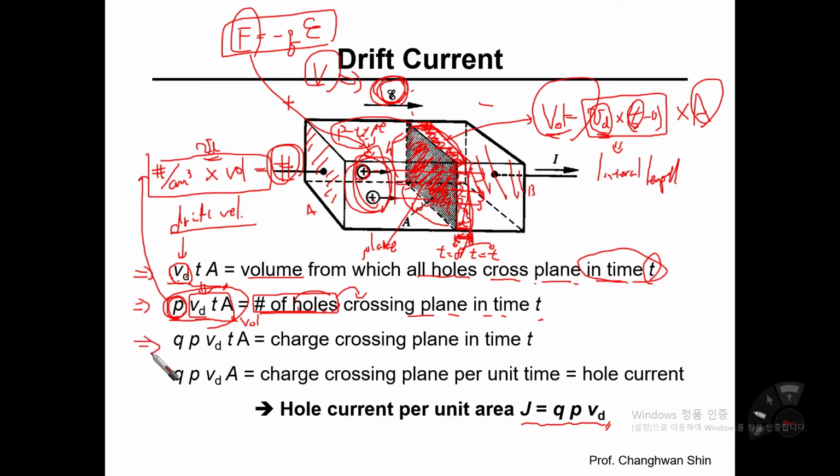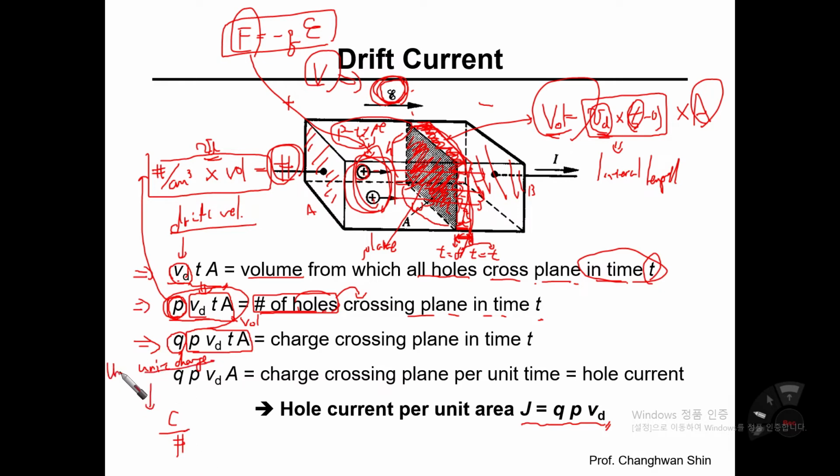Now let's move on to step number 3. Still there are the same terms, p Vd tA. And what is added? q. What is q? Yeah, unit charge. Unit charge means coulomb per number, right?